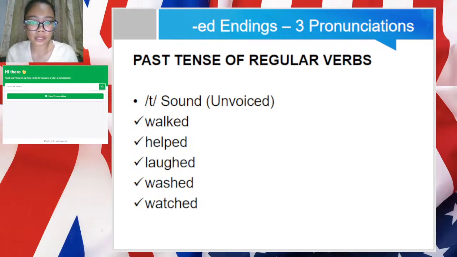So we have examples here. These past tense of regular verbs, we will say it like this. Listen to me: walked, helped, laughed, washed, watched. Notice that there is a t sound at the last part of the word.